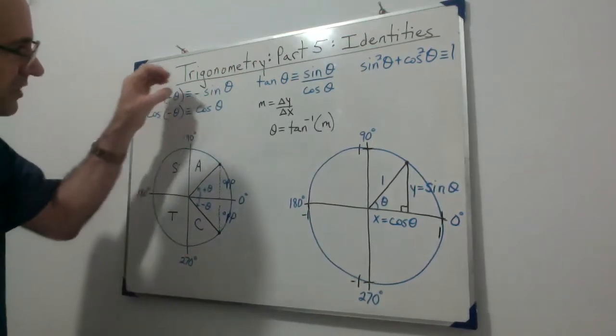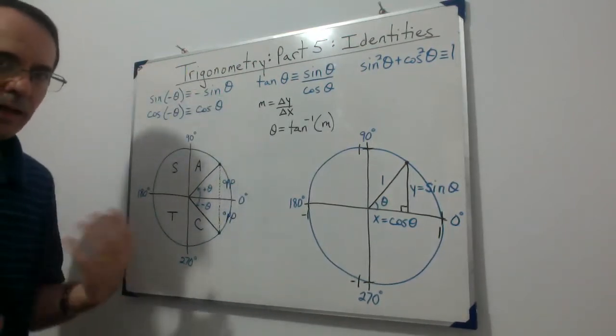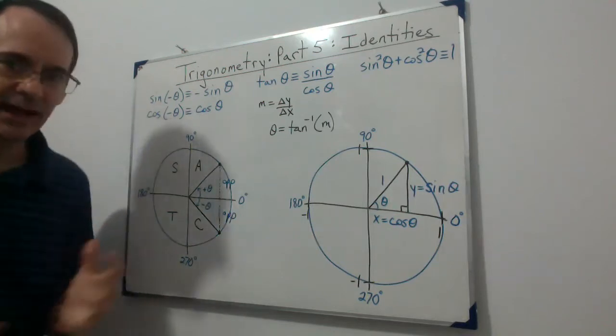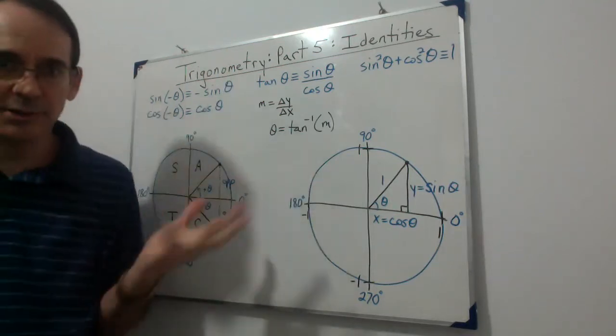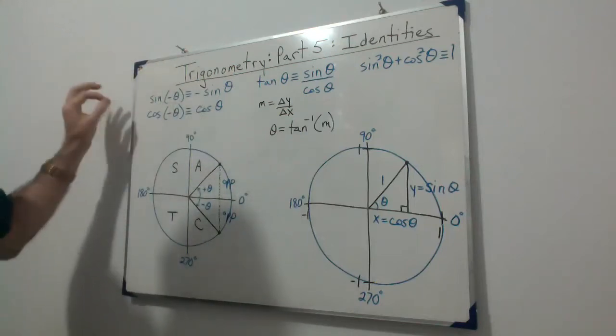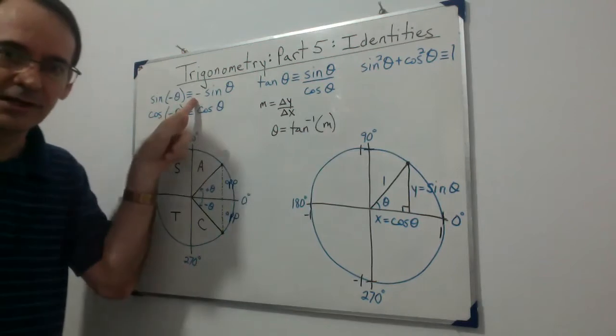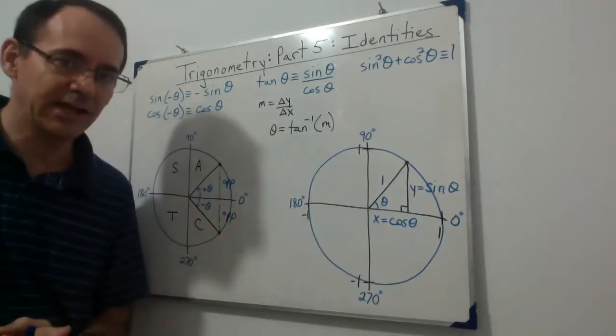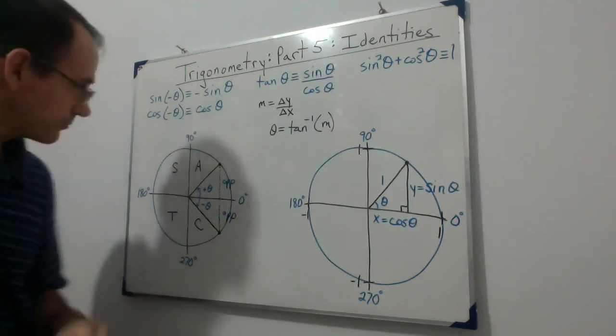So what this identity allows us to do, maybe when we're working with trigonometry and we see a negative angle, we're like, what do I do with that negative? Well, this identity allows us to take it out and just move it to the front so that we don't have to worry about it, or we can treat it like a normal negative sign.